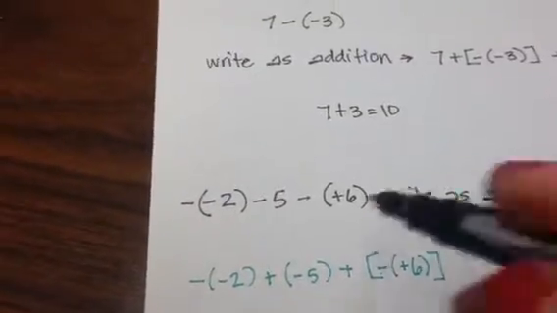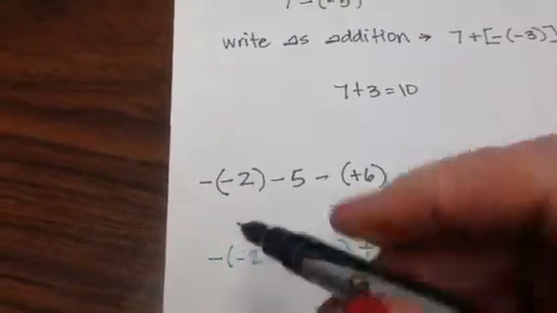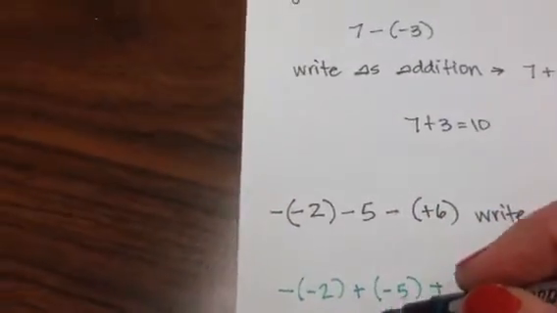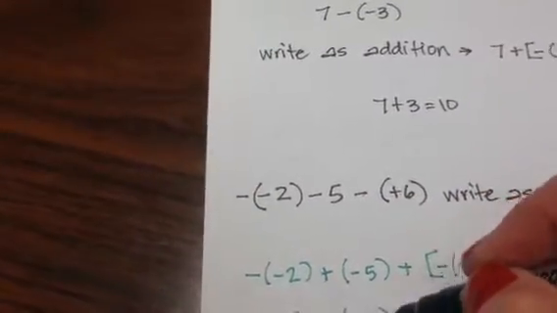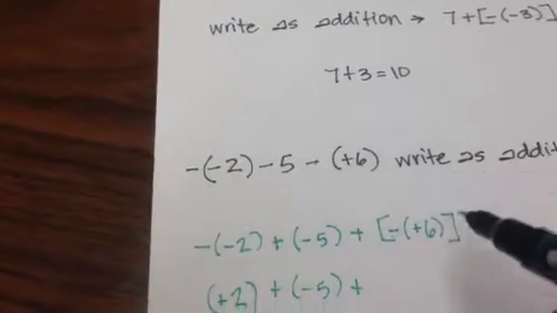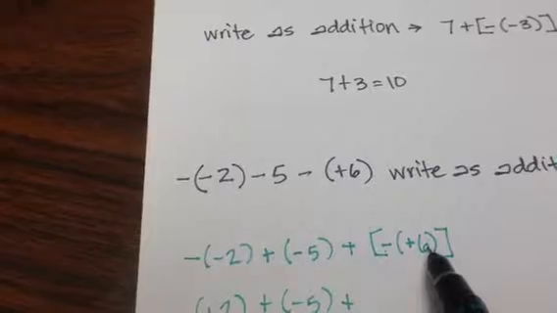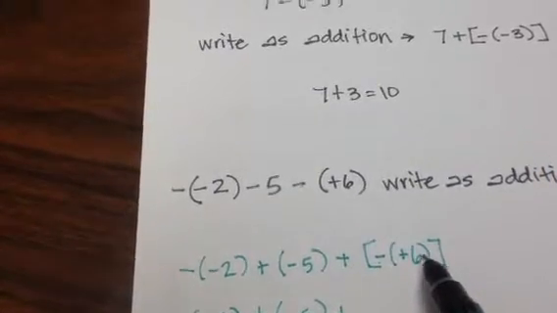All right? So I have, what is this? 2. So it's a positive 2 plus negative 5 plus, all right, so what is the opposite of positive 6?